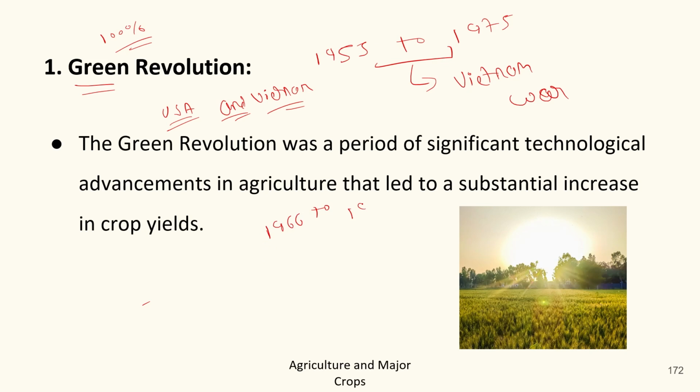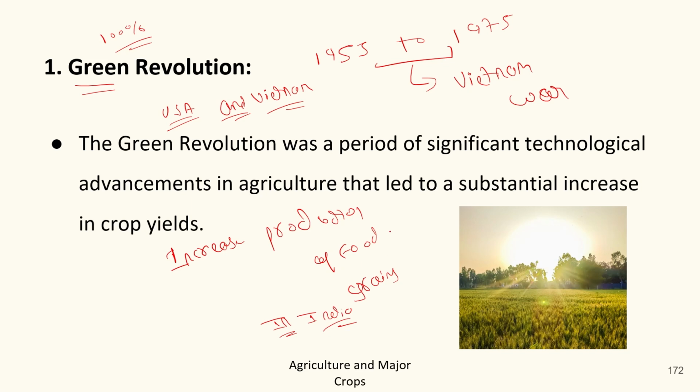So what happened during the year 1966 to 1967 for the first time, and the second time from 1977 onwards to the 1980s? We introduced a term, Green Revolution, which was used to increase production of food grains in India.